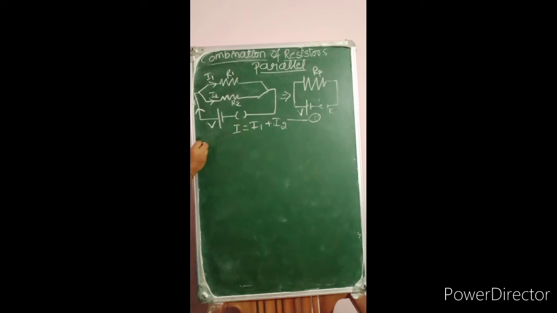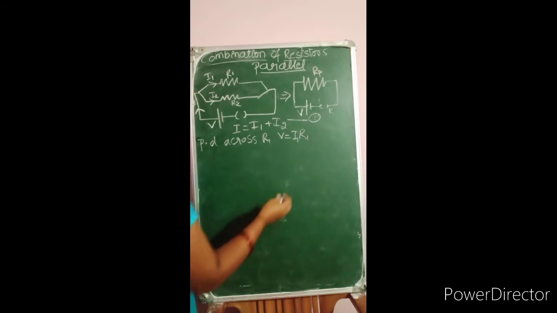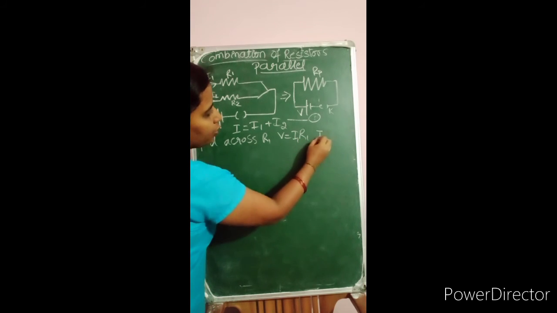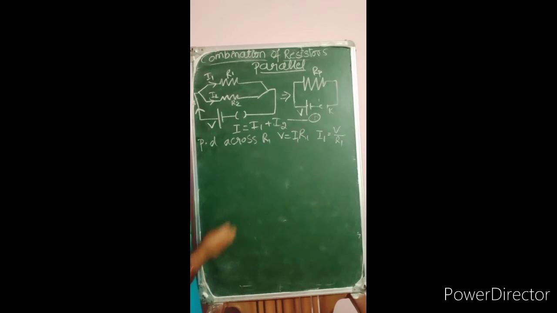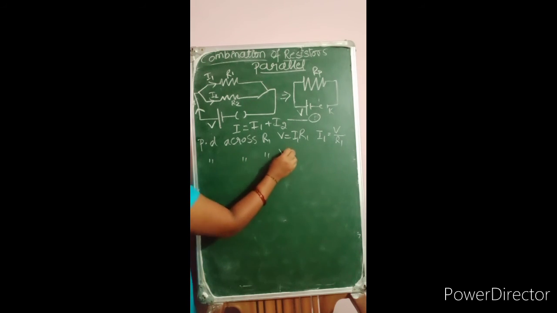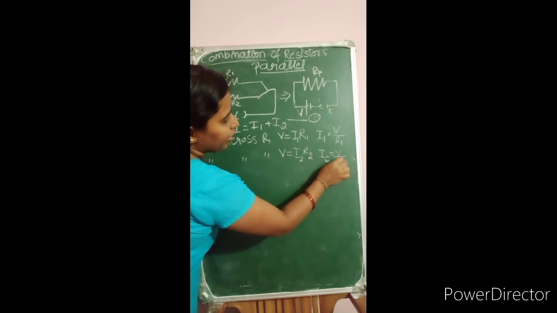So the potential difference across the first resistance is V is equal to I1 R1, or from this, I1 is equal to V divided by R1. In the same way, the potential difference across R2, that is V is equal to I2 R2, so I2 is equal to V divided by R2.